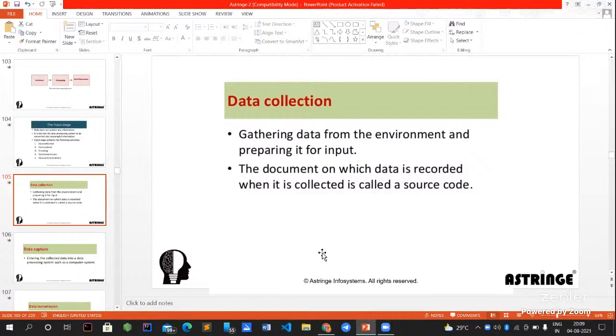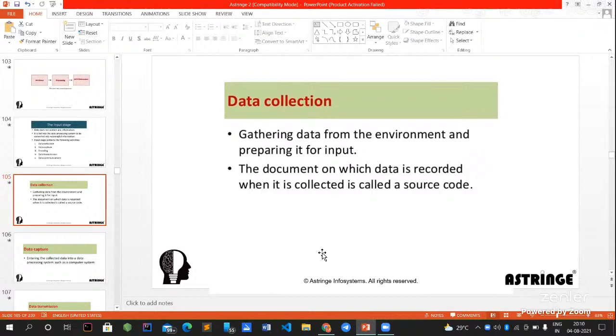When you have to get information from the neighbors, you have to check whether that data is correct or not, and whether it is suitable or not. That is how you form an opinion about the data you are capturing or collecting, and you always keep a proper record, and that record is known as the source code.